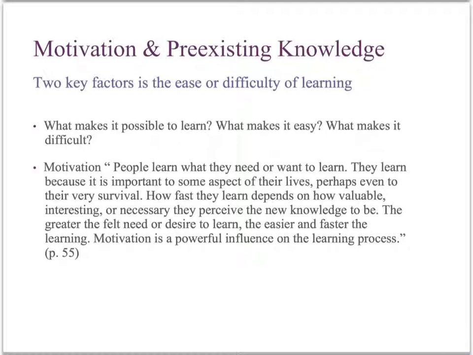How fast they learn depends on how valuable, interesting, or necessary they perceive the new knowledge to be. The greater the felt need or desire to learn, the easier and faster the learning. Motivation is a powerful influence on the learning process.